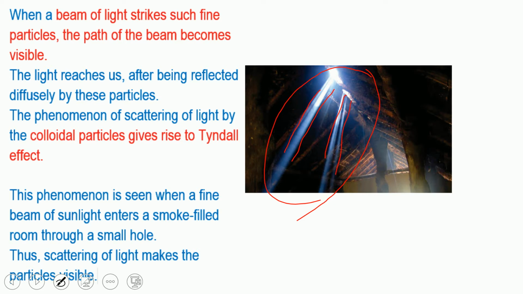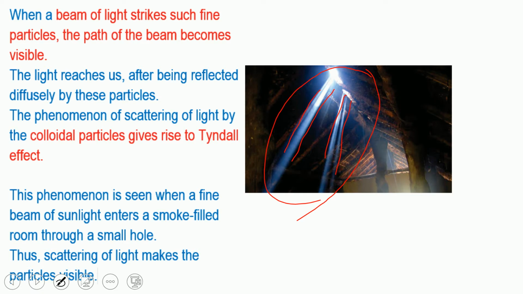The light reaches us after being reflected diffusively by these particles. Now you know how the light reaches us: through reflection. Here the light is reflected diffusively, that is, in the surroundings by these particles. There is a diffusion.